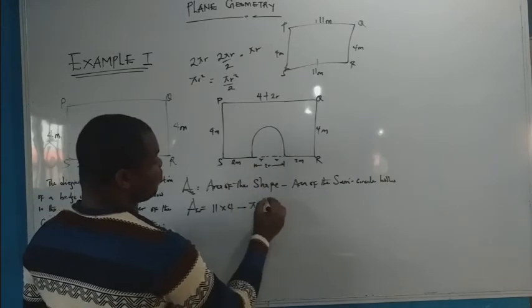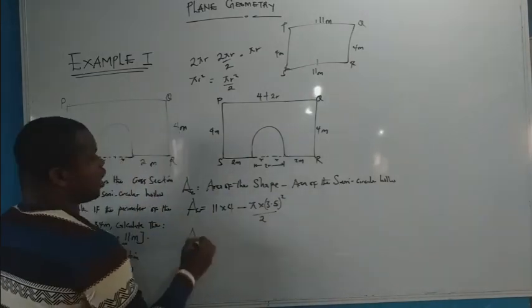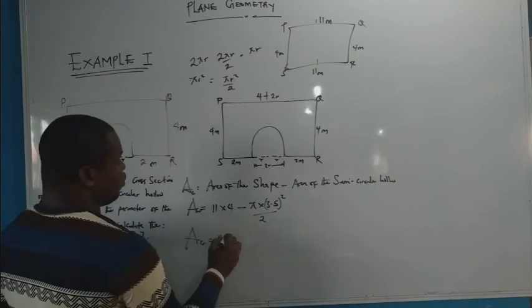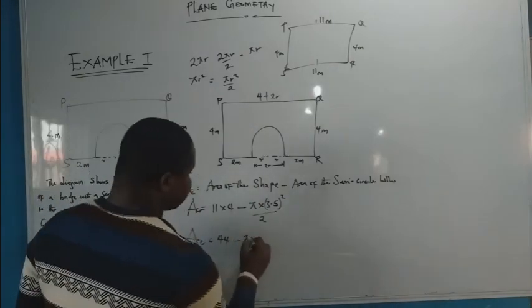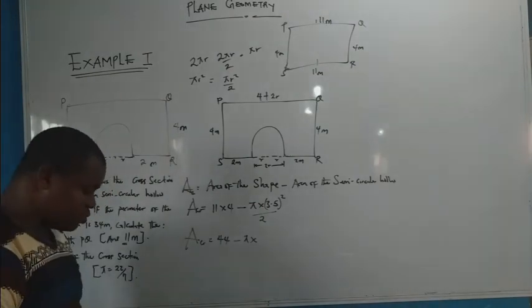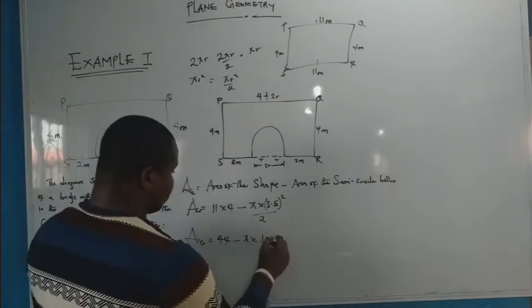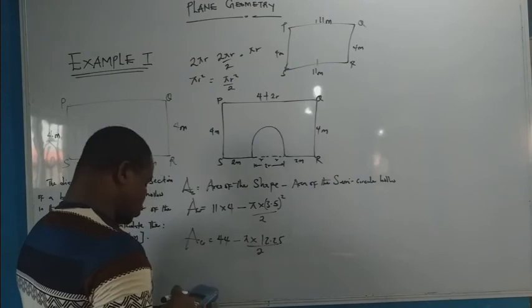Pi times 3.5 all squared over 2. So the area of the cross section will be 11 times 4 minus pi times. Now 3.5 squared will give us 12.25, everything over 2.